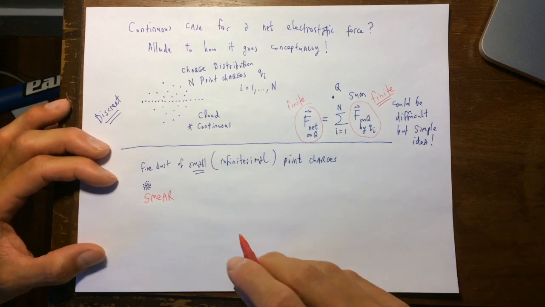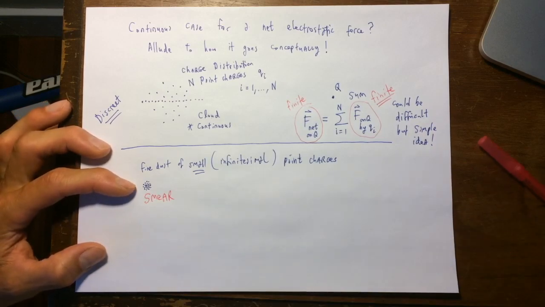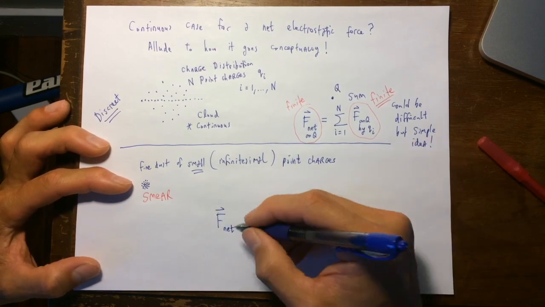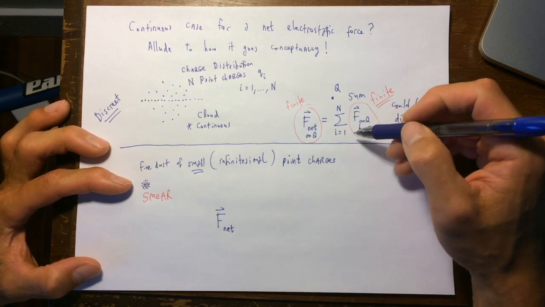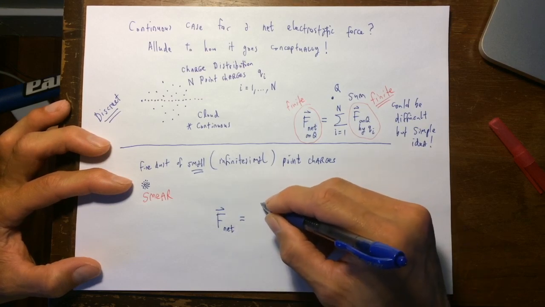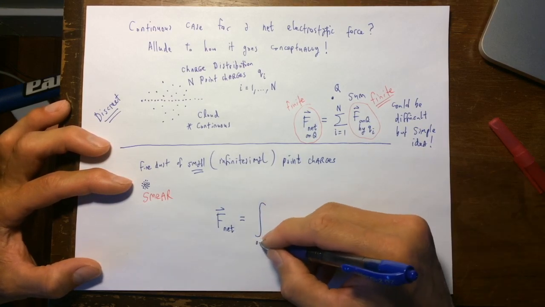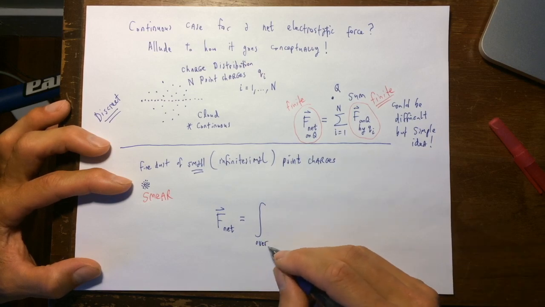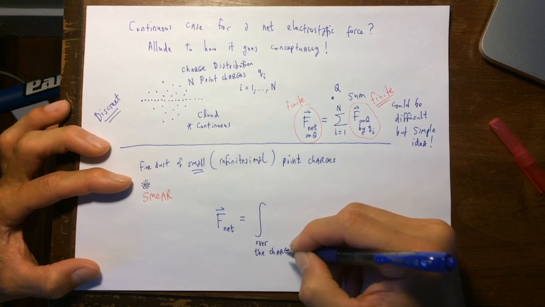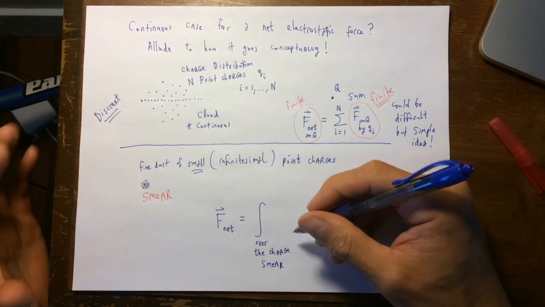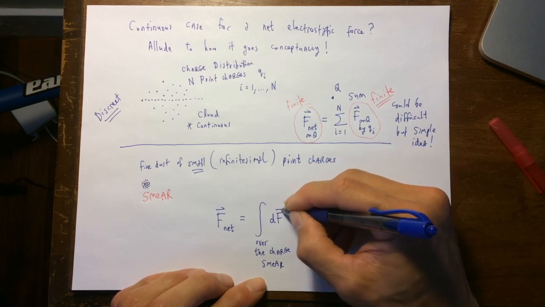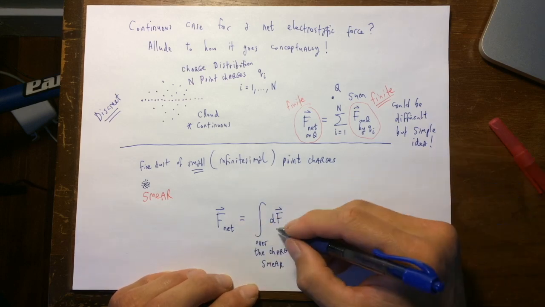And the idea is, in order to calculate the net force, I'm not going to resort to a sum over a discrete set of integer labels, I'm going to use a continuous integral that's going to have some sort of index or some sort of process to go over the charge smear, and what it is adding up is really small contributions of force.